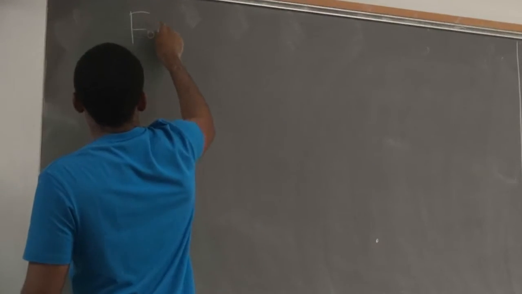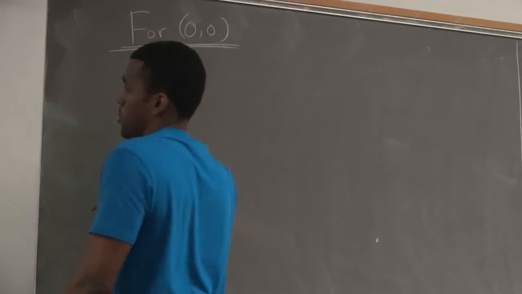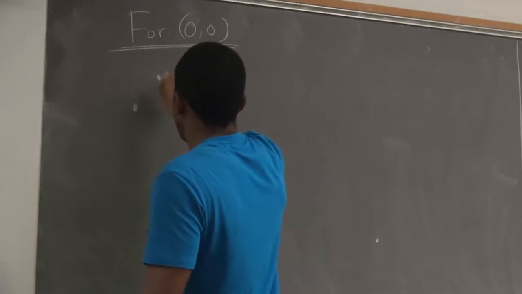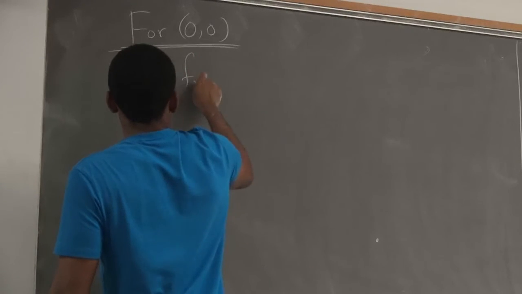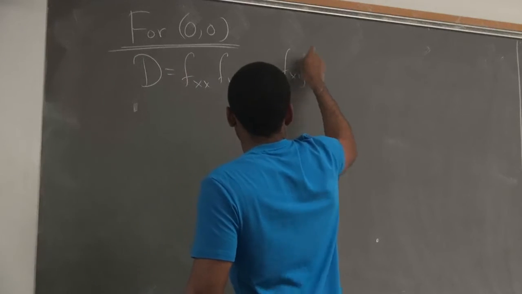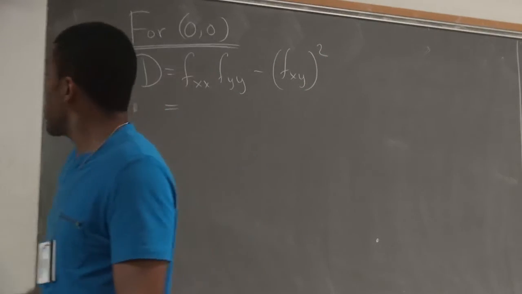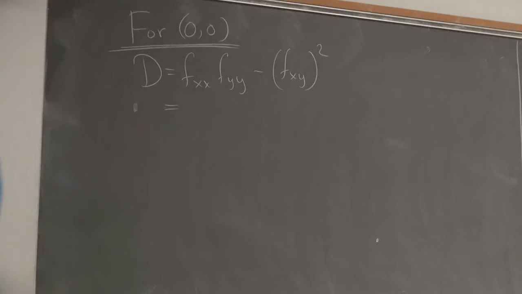So for 0, 0, you know that D is equal to fxx times fyy minus fxy squared. Remember I'm at 0, 0, evaluating these.